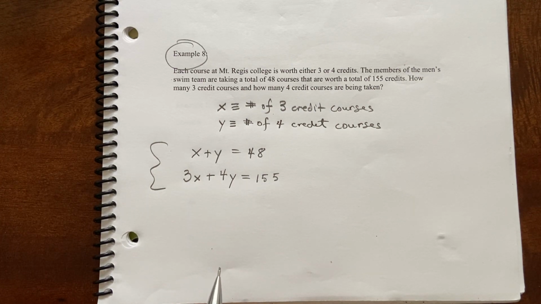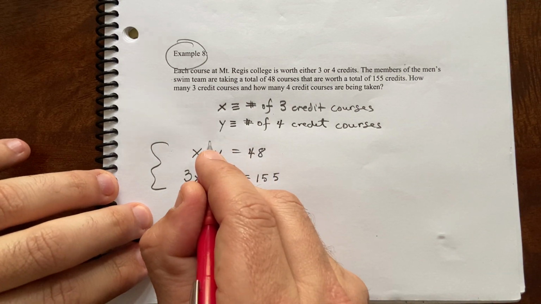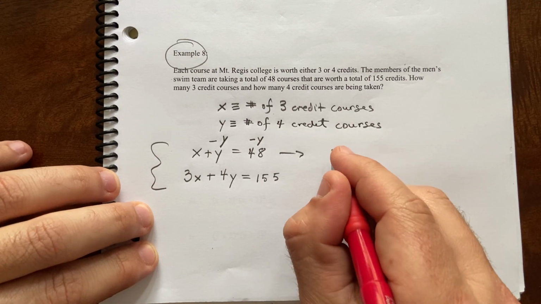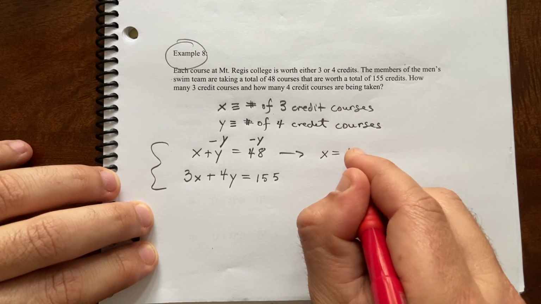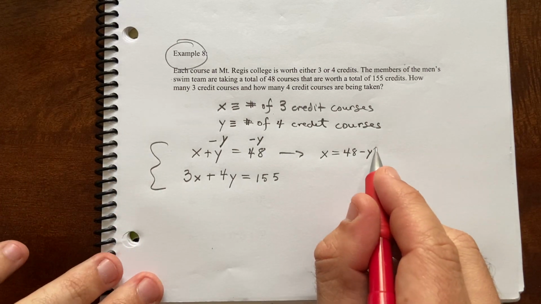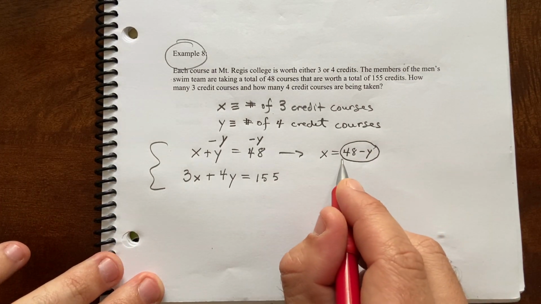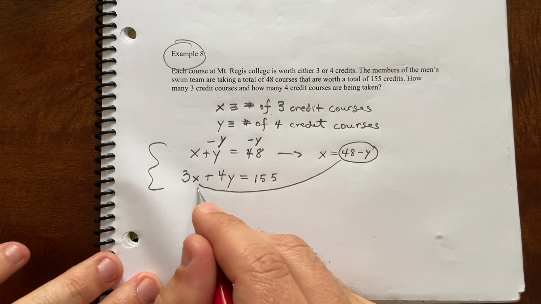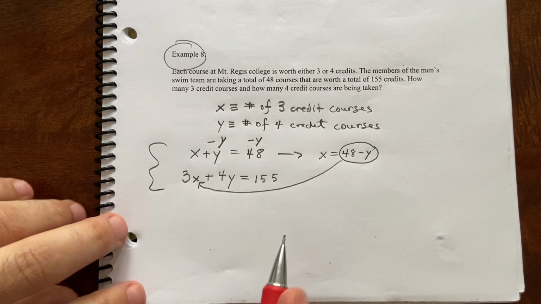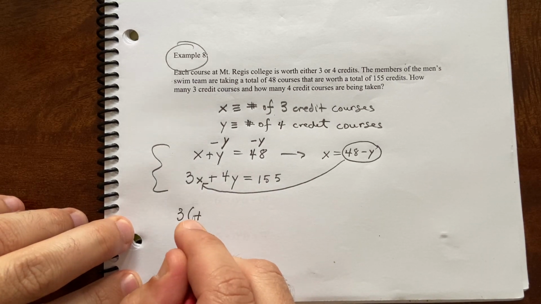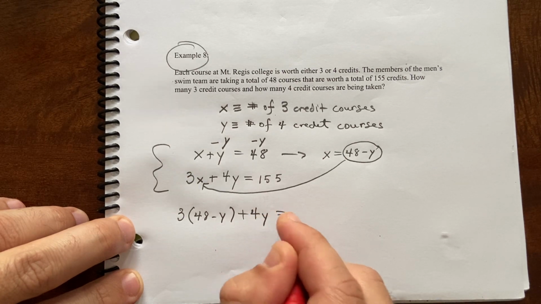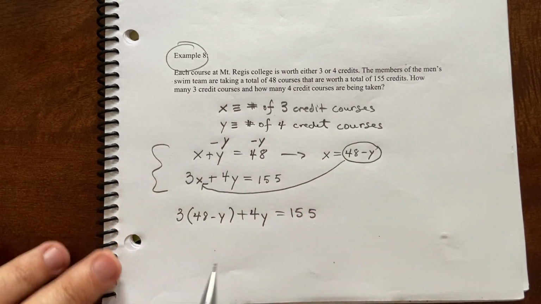I like substitution. I'll go ahead and subtract Y from both sides. So this first one, I'll get X equals 48 minus Y. Using substitution, I can then replace this occurrence of X with 48 minus Y. So 3 times 48 minus Y plus 4Y equals 155.